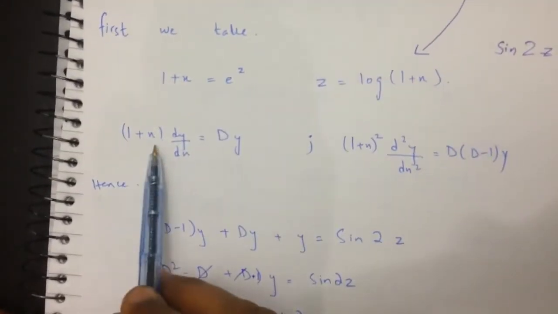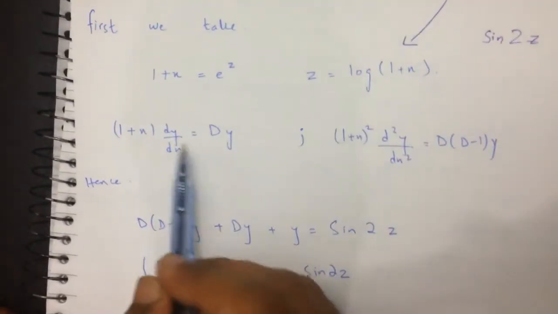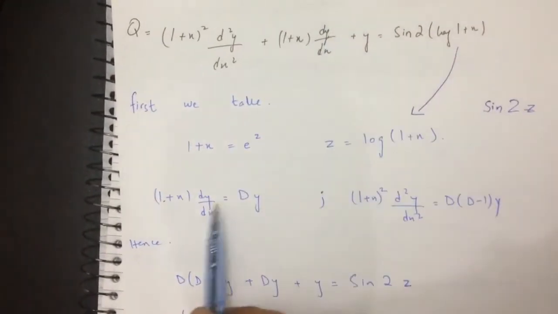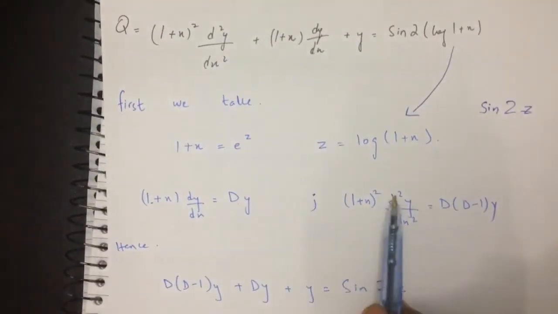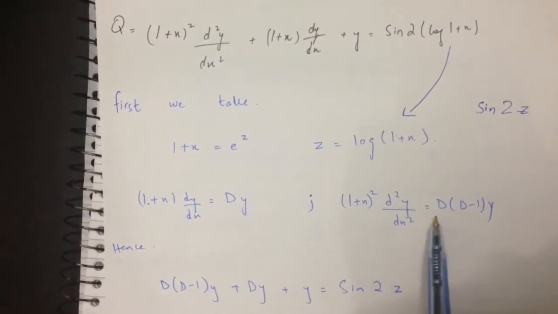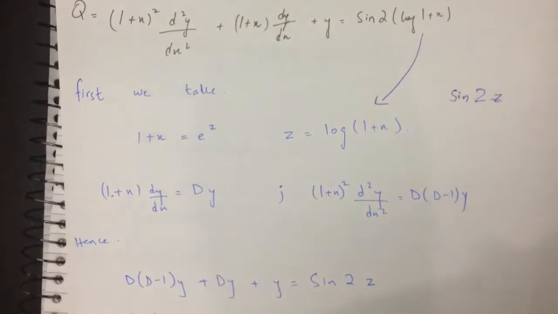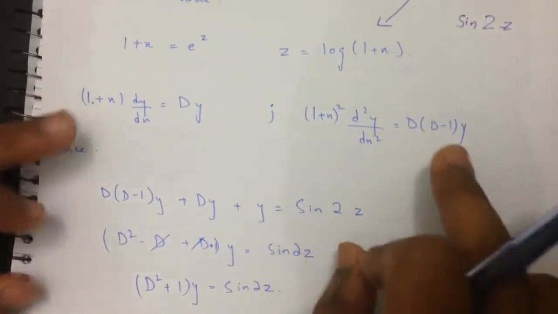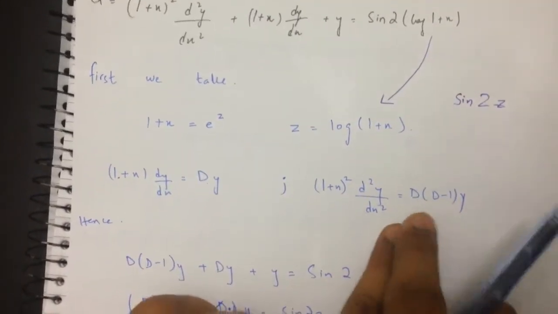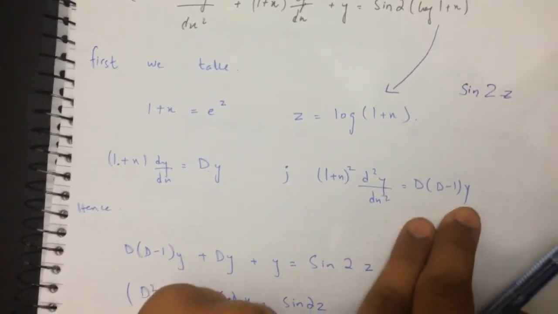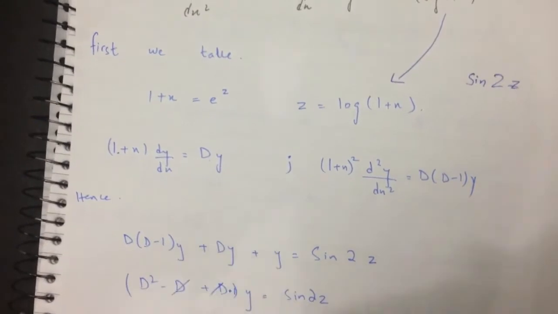As told before, (1 + x) dy over dx equals D y, and similarly (1 + x)^2 d^2y over dx^2 equals D(D - 1) y. Now we replace these two terms with D y and D(D - 1) y.